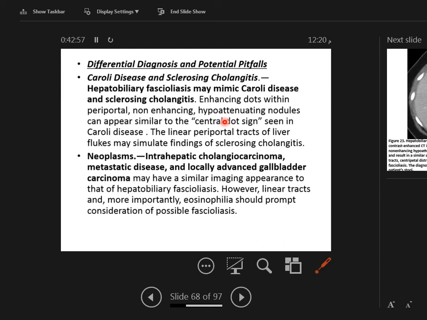The linear periportal tract of the liver fluke may simulate findings of sclerosing cholangitis. Intrahepatic cholangiocarcinoma, metastatic disease, and locally advanced gallbladder carcinoma may have similar imaging appearance to that of hepatobiliary fascioliasis. However, linear tract and, more importantly, eosinophilia should prompt the consideration of it.